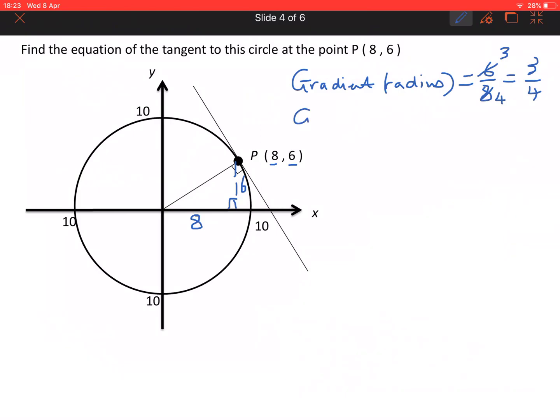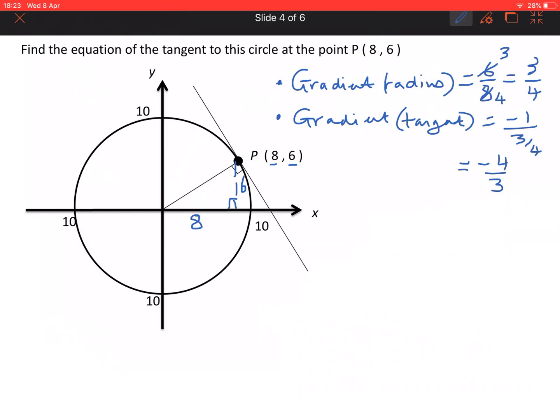So I know therefore that my gradient of my tangent is the negative reciprocal of that. -1 divided by 3/4. I'm dividing by a fraction, so I need to flip the fraction and multiply, so that will be -4/3. So those are my first two steps, the gradient of the radius and the gradient of the tangent.